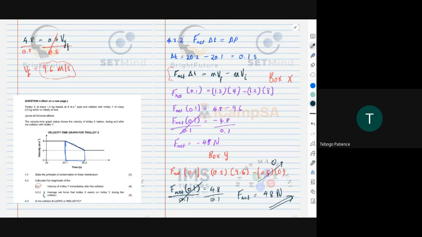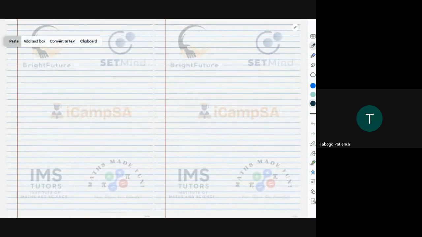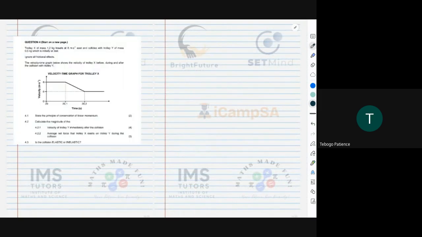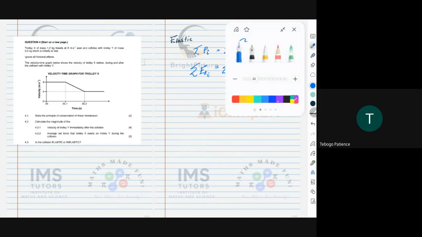Okay, so now let's go back to what I taught. Let me paste this here. In case you were not part of the session, here I was saying elastic collision. The minute you see elastic, you must know two things. The momentum is conserved. The kinetic energy is also conserved, for an elastic collision.